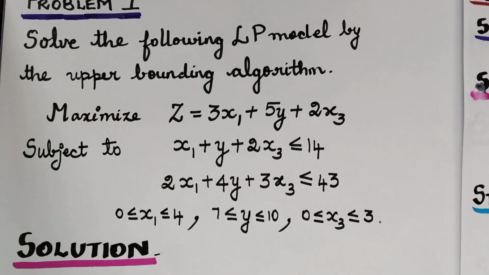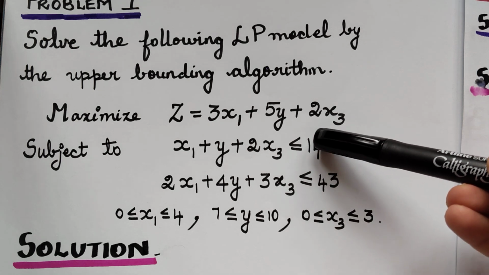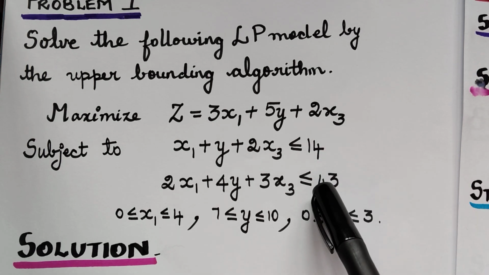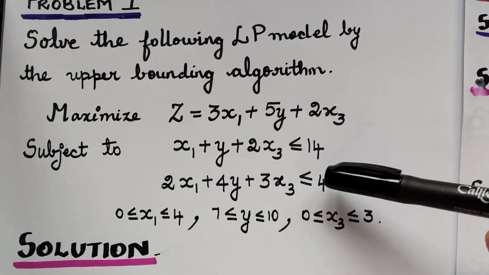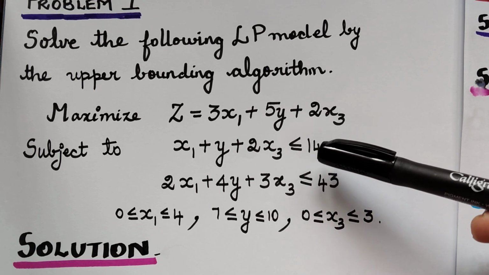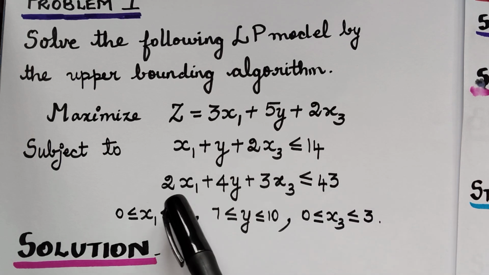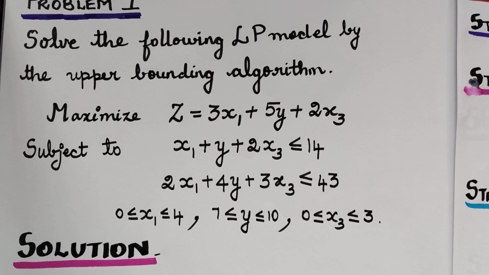We see that here we have the constraints where the values of bi are 14 and 43, and both the values are positive. If suppose we have negative values, then we have to convert them into positive values by multiplying with -1 on both sides. So that step is not necessary here.